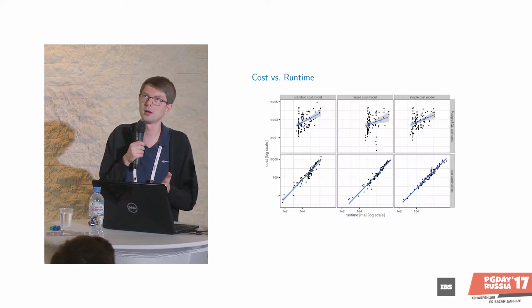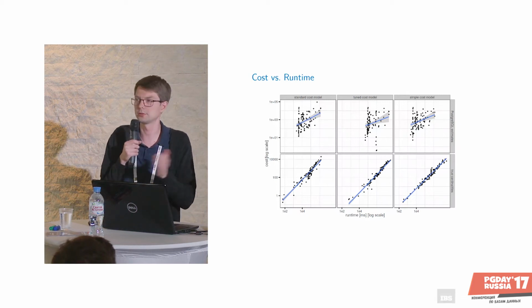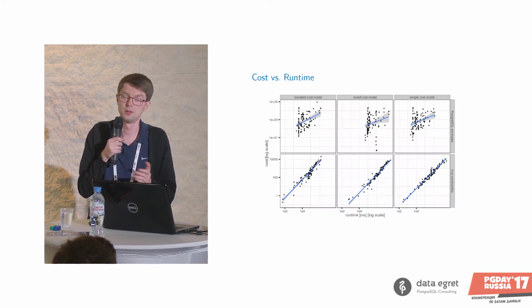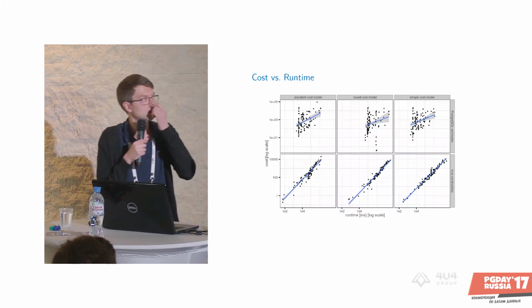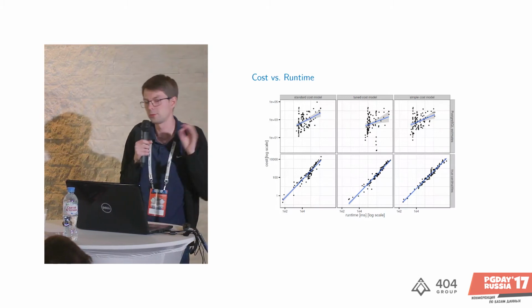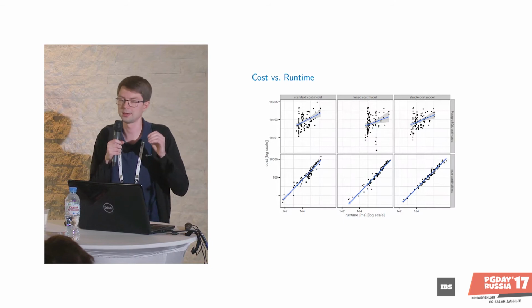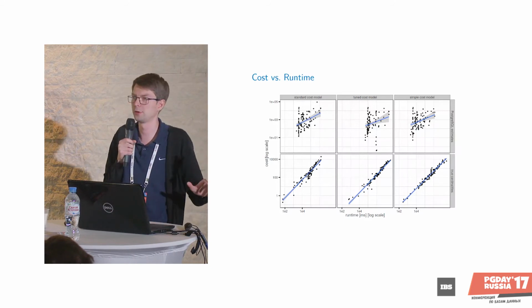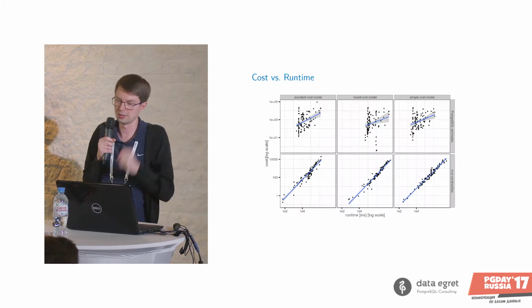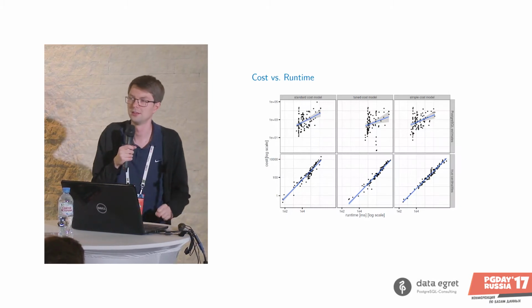And a simpler model wouldn't know the difference between sort merge and hash join, maybe. But the main point here is not so much that the cost model doesn't matter, even though it almost looks like that on this figure. The bigger point is that the cardinalities are much more important.